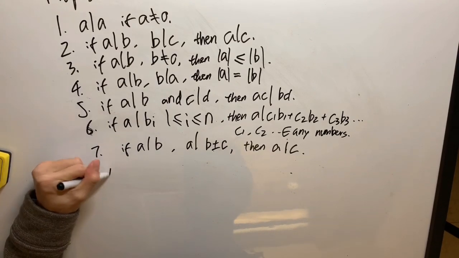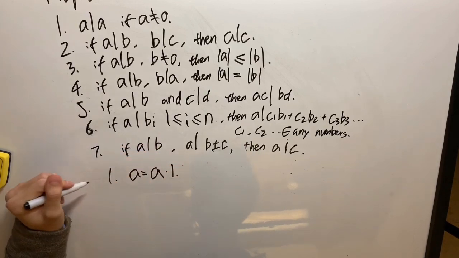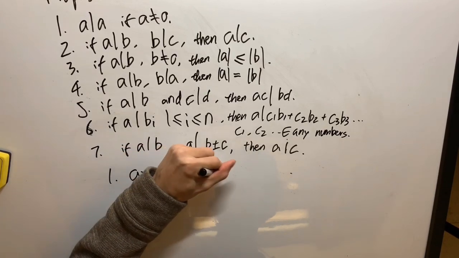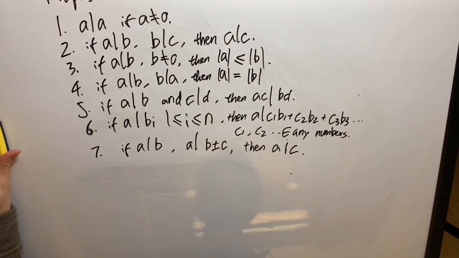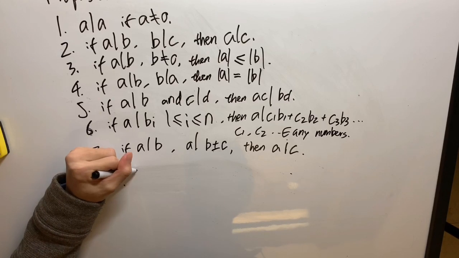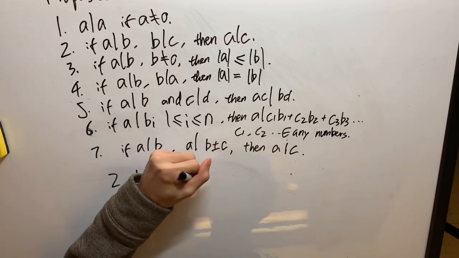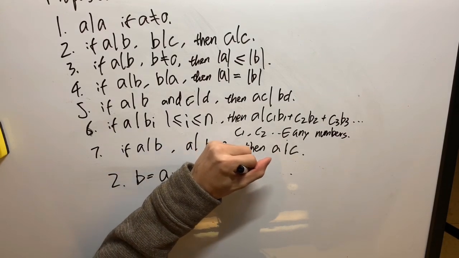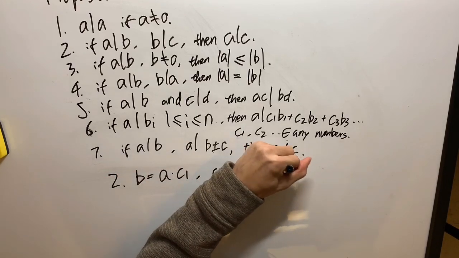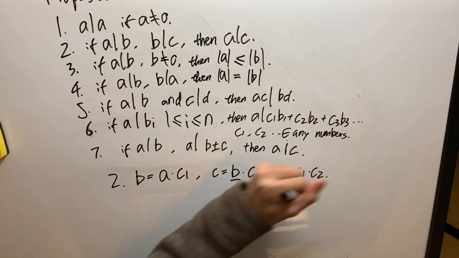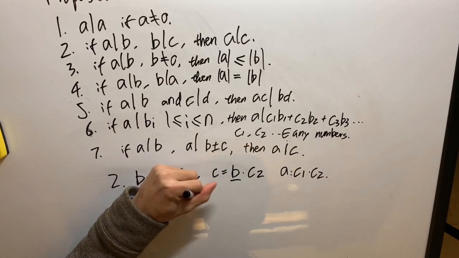Okay, the first proof is pretty easy because a equals a times 1, so a divides a times 1. For the second one, let's say that b equals a times c1 and c equals b times c2, and you can substitute b as a times c1 times c2, so a divides a times c1 times c2.